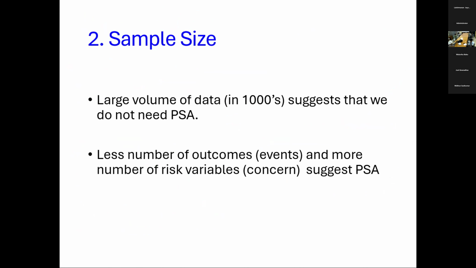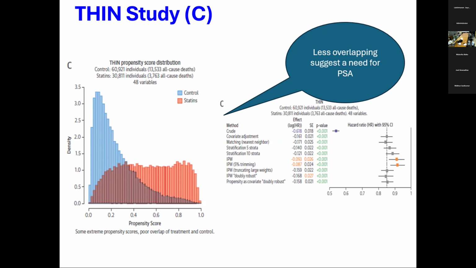When the volume of data is in thousands, for example here, 60,000 controls and 30,000 statin users in the two groups, you don't have to do a PSA, because simple regression analysis will do. The unadjusted, simple bivariate analysis suggested that there is a difference between the two arms.